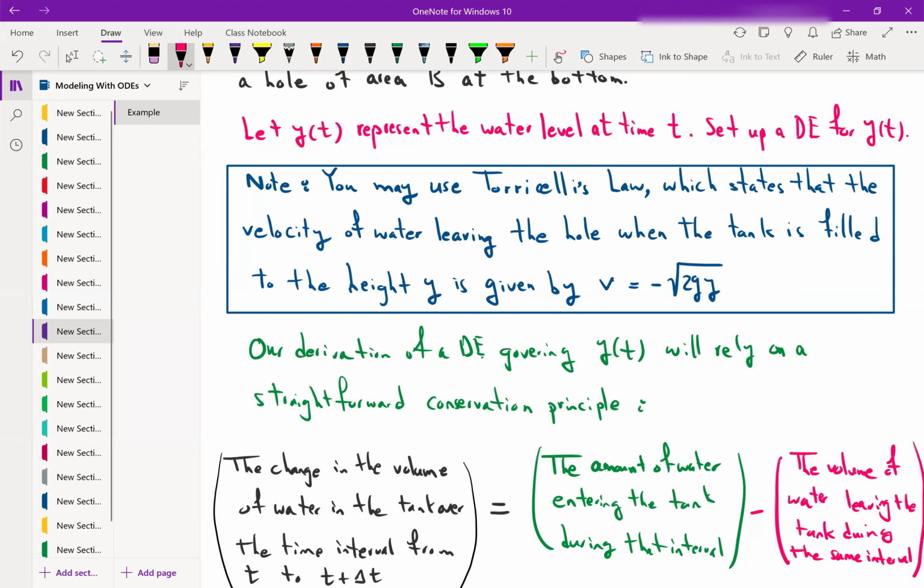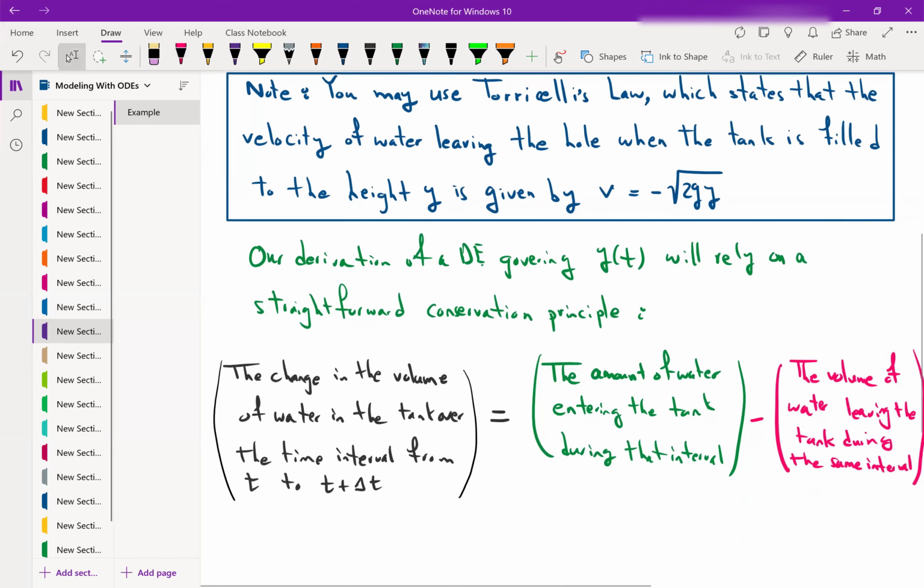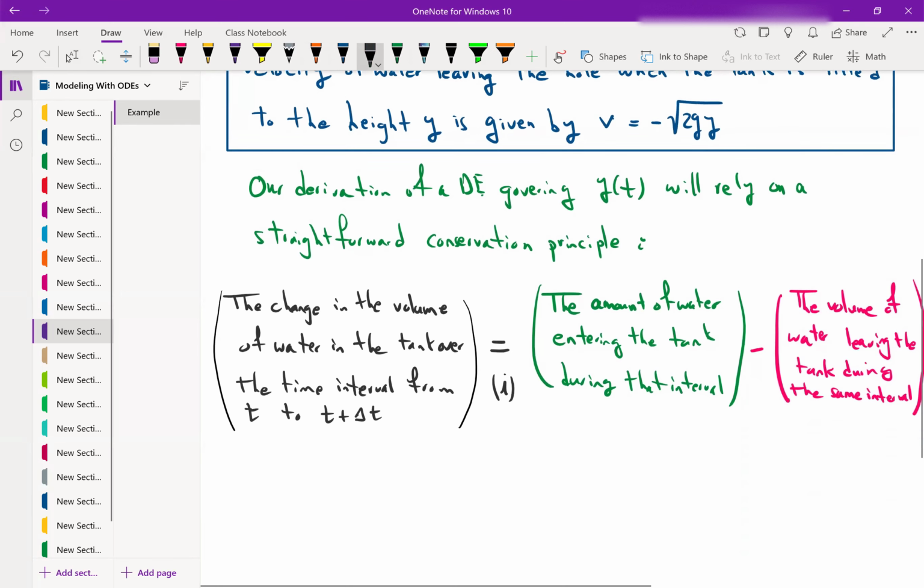So this equality should make perfect sense. This is our conservation principle here. I'm going to call this 1. We will be using this equality later. So this is equality 1 in order to come up with our differential equation.